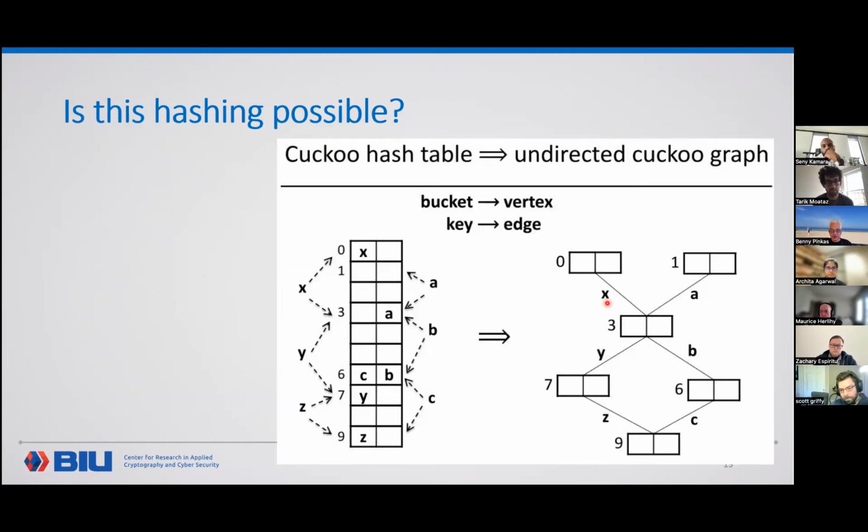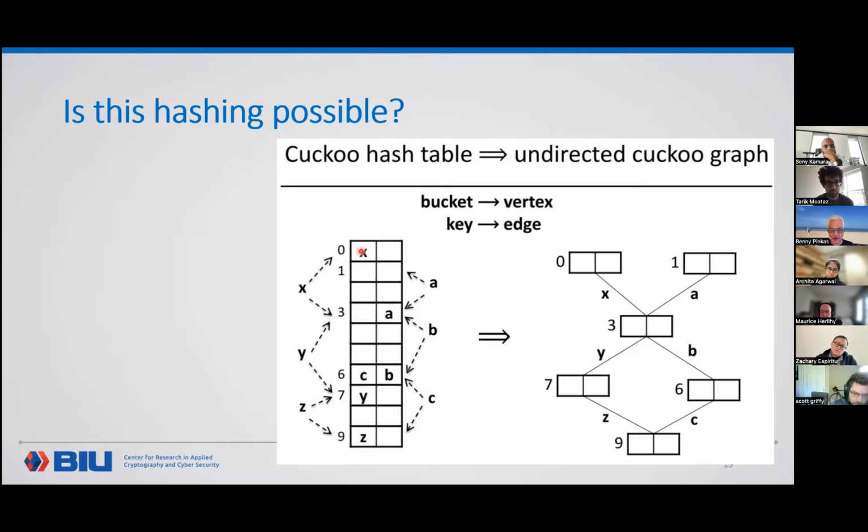To see if this is possible, let's look at cuckoo hashing. For cuckoo hashing, people use something called the cuckoo graph. So this is the table, and you have two hash functions. X is mapped, say, to these two places.